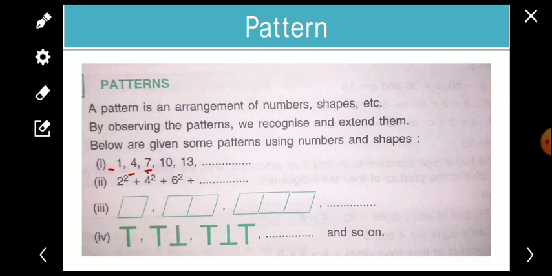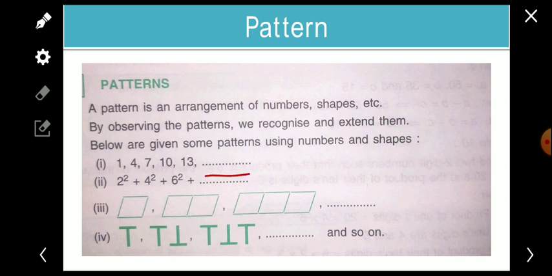It means 3 has been added: 1 plus 3, then 4 plus 3, then 7 plus 3 is 10, 10 plus 3 is 13. So to get the next number, we have to add 3.